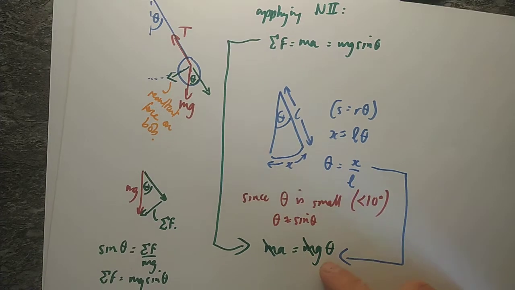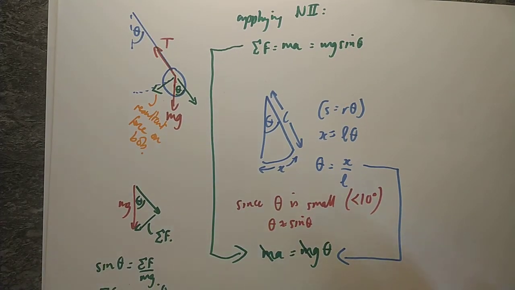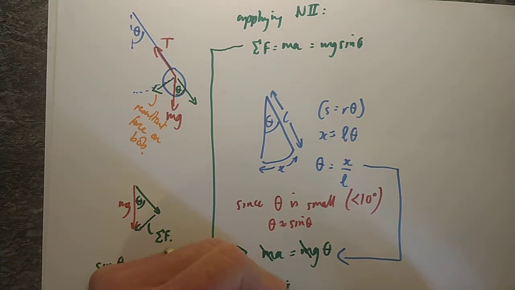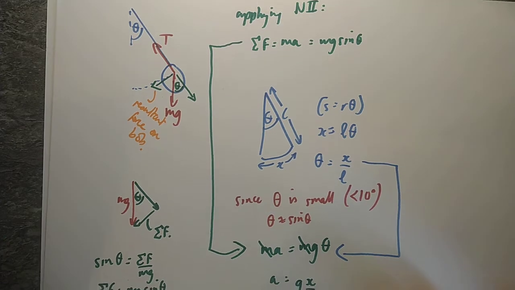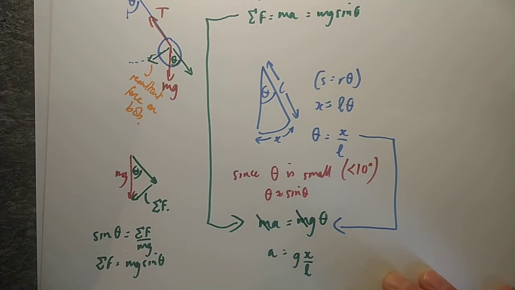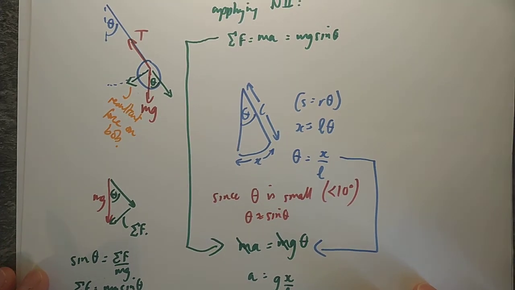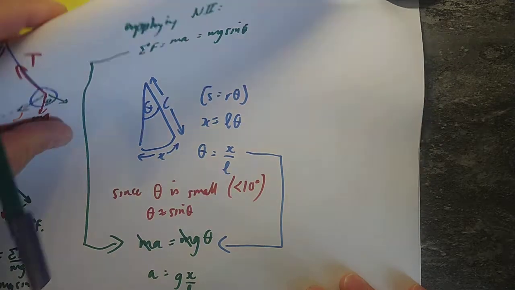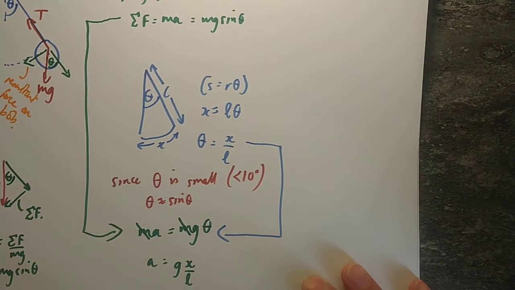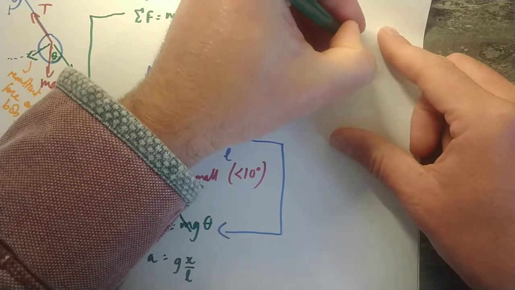Theta is equal to x over L. So we've got a equals g x over L, just fitting on the page there. I'm just going to write this in a slightly different way, hopefully to make it a little bit clearer, and I can go a equals g over L times x.